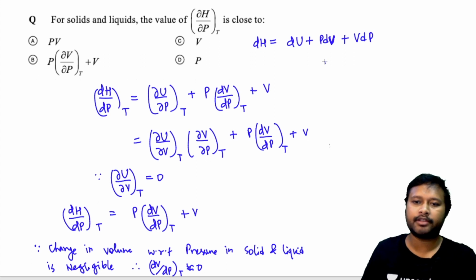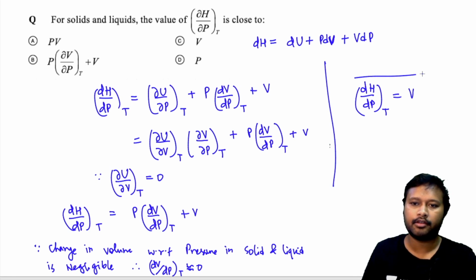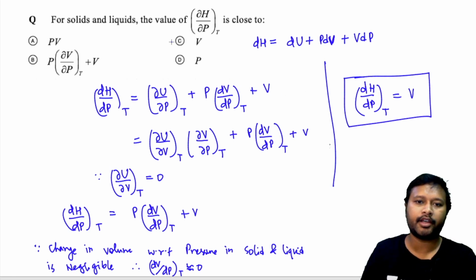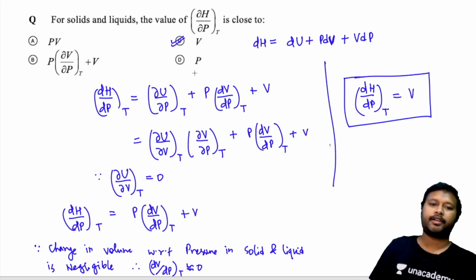What does that mean? It means that dH upon dP at constant T should be equal to V. This should be your final answer, and option number C becomes your correct choice for this.